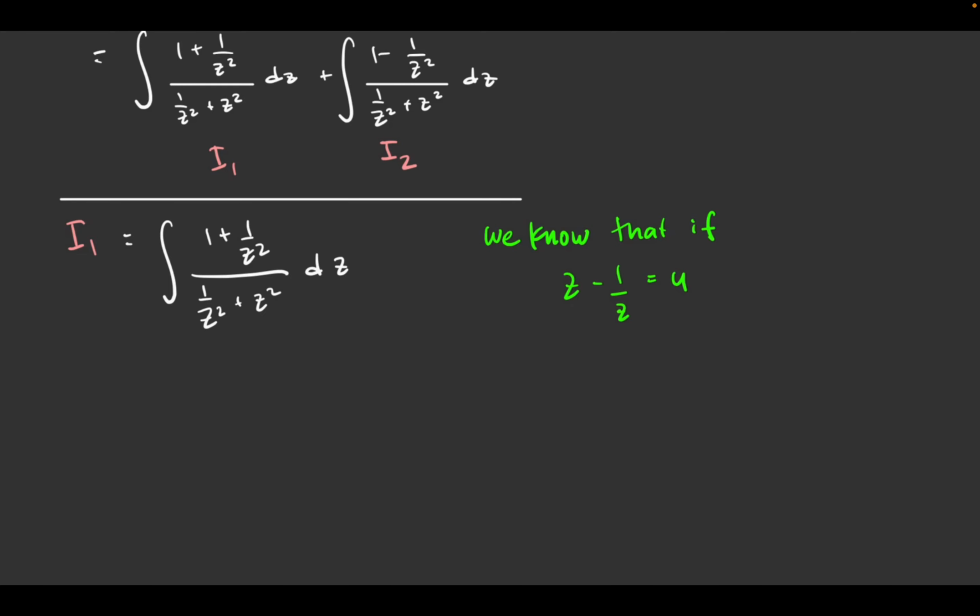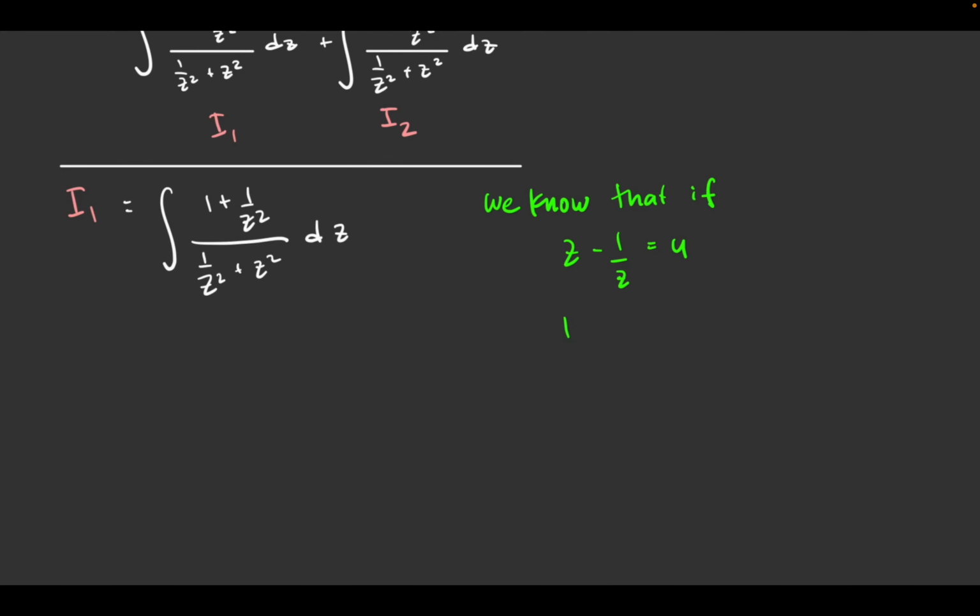Then that means if we differentiate both sides, derivative ng z is 1, derivative ng 1 over z is 1 over z squared dz, and this is du. Okay. Minus minus pala, so this becomes plus. Ayun.